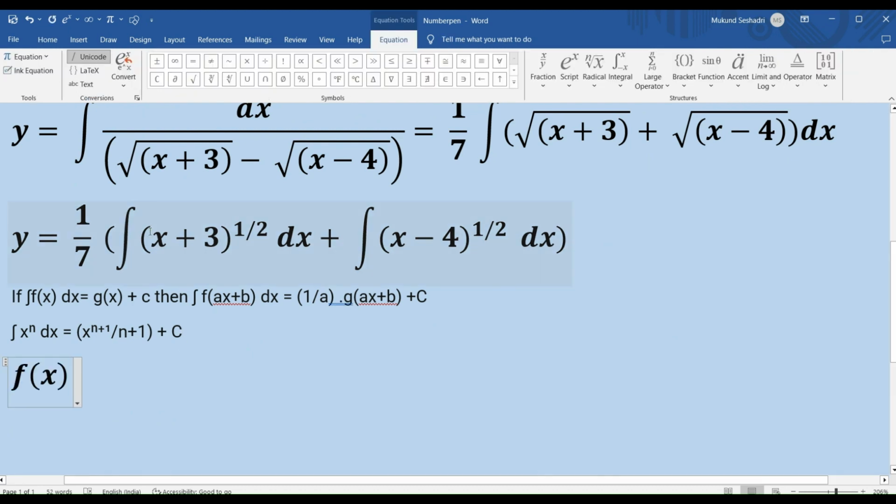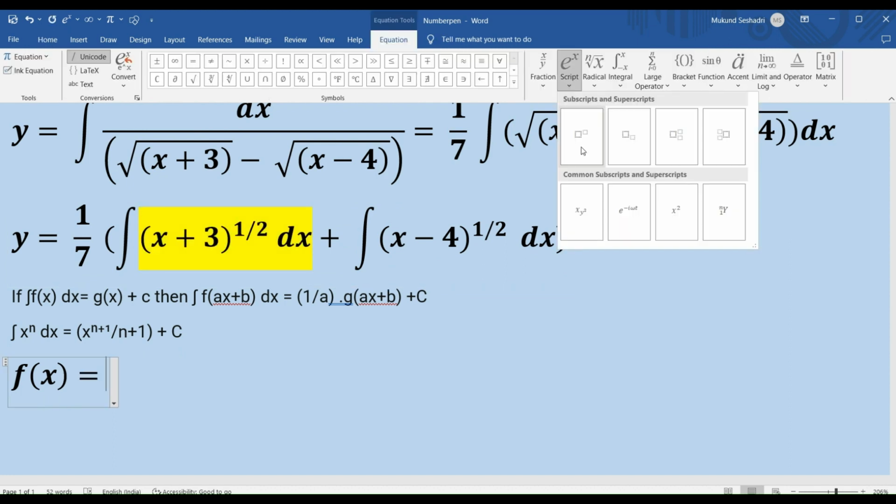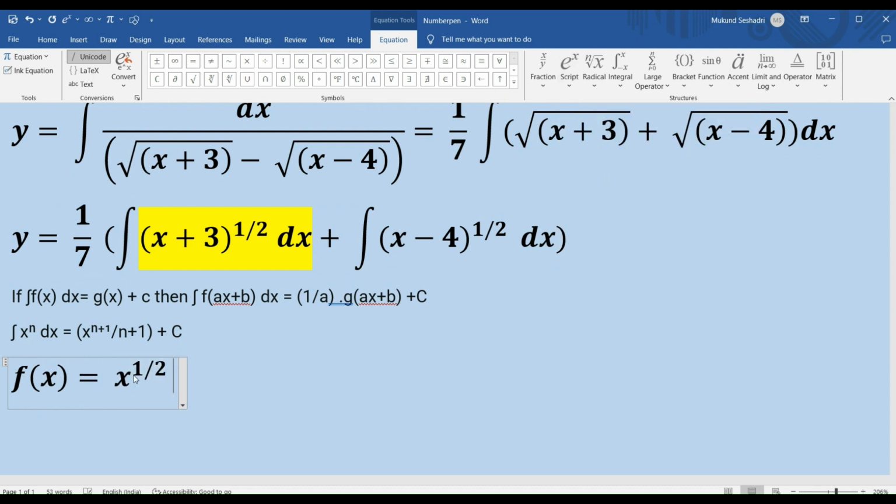So now let's pick up the first expression x plus 3 the whole power half dx, right? So how do I go about solving this using these two identities, right? So I know that my f of x here is x to the power half, right? Which means my g of x is nothing but x to the power n plus 1 divided by n plus 1, right?